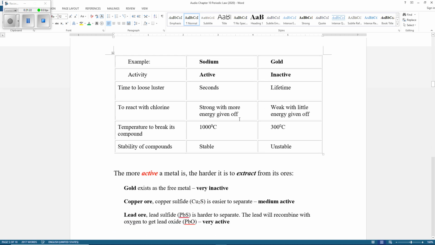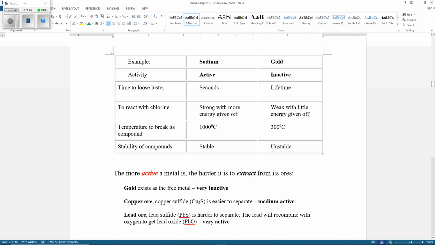Also, when combined with other elements like chlorine, sodium has a very strong chemical reaction, a lot of energy involved. And when gold is combined with chlorine, it is very weak, not much energy.